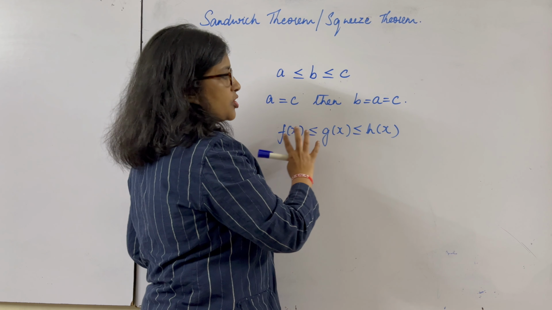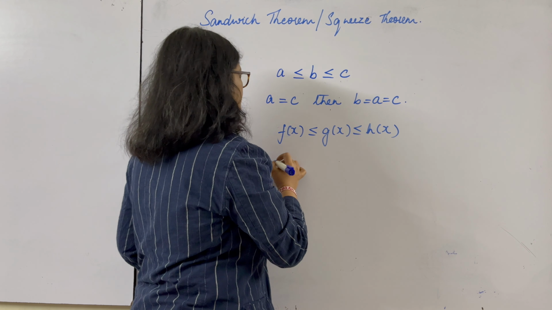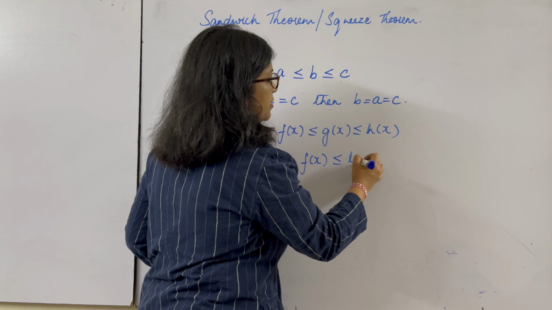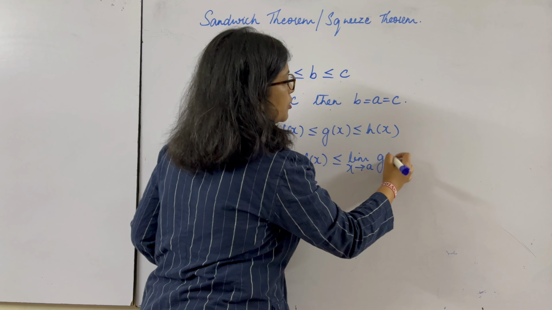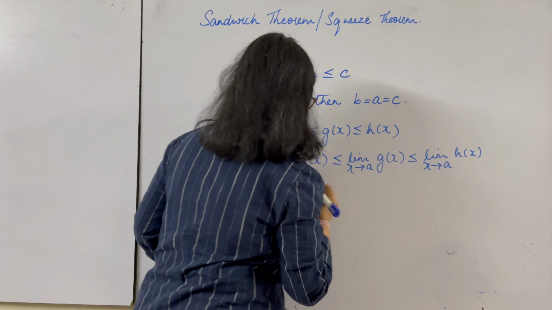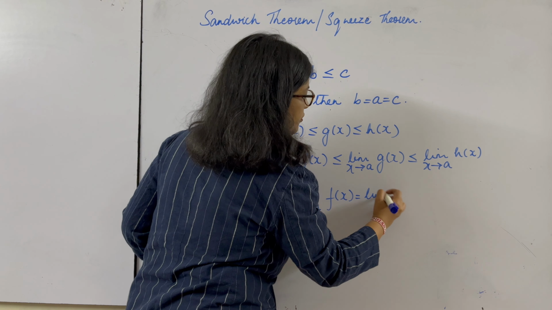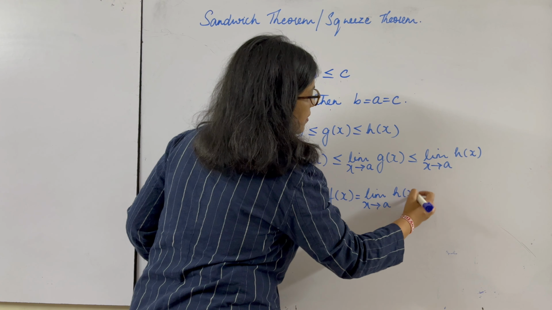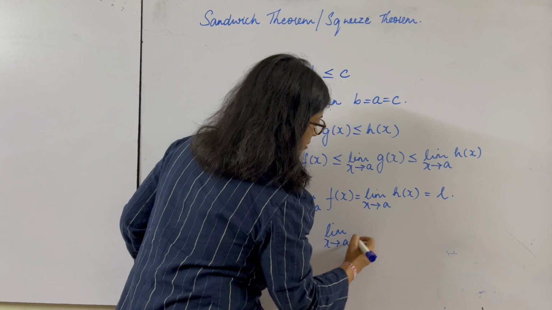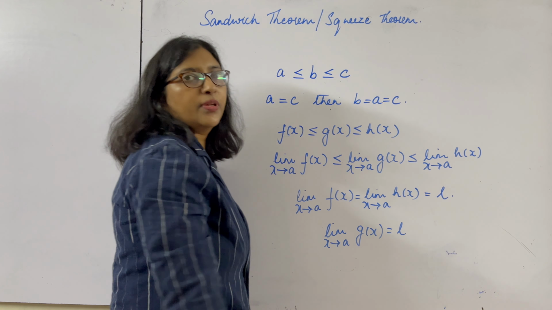So, if g is a function whose least value is f(x) and maximum value is h(x), and if we find the limit of f(x), find the limit of h(x), and we get that both their limits are equal, say L, then g will also have the same limit L, because both these values are L.